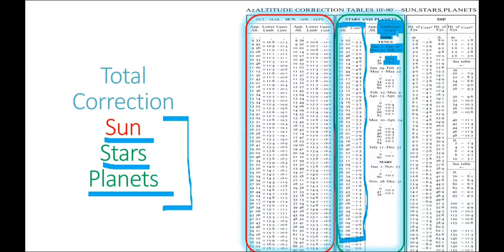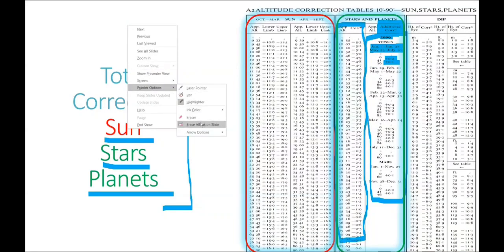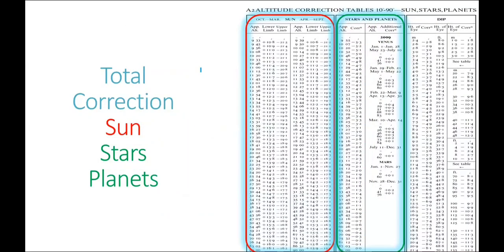Okay. So as I told you, this additional correction table will differ from year to year. The one which I am showing you is 2009. The one which we use in the MMD is the 1992 almanac. Okay.